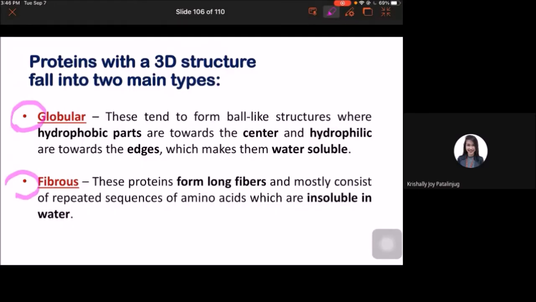Next meeting, discuss natin yung globular tsaka fibrous proteins. So for now, you can just read this, okay? Kasi may thorough discussion din naman tayo on this specific concept sa globular and fibrous proteins.